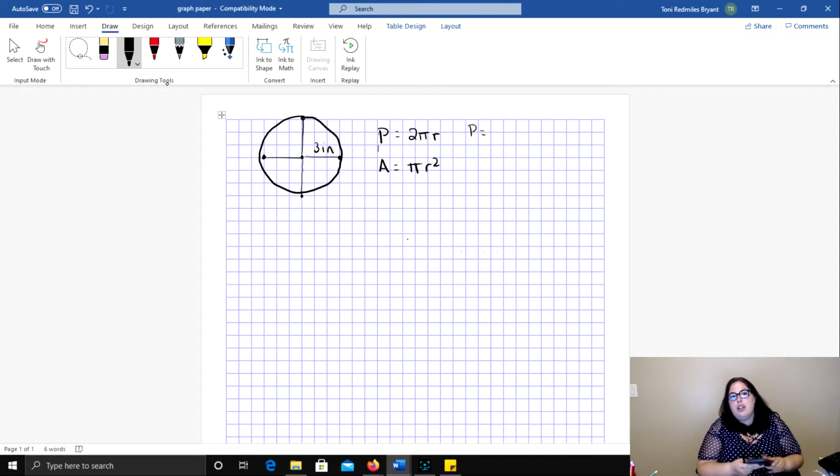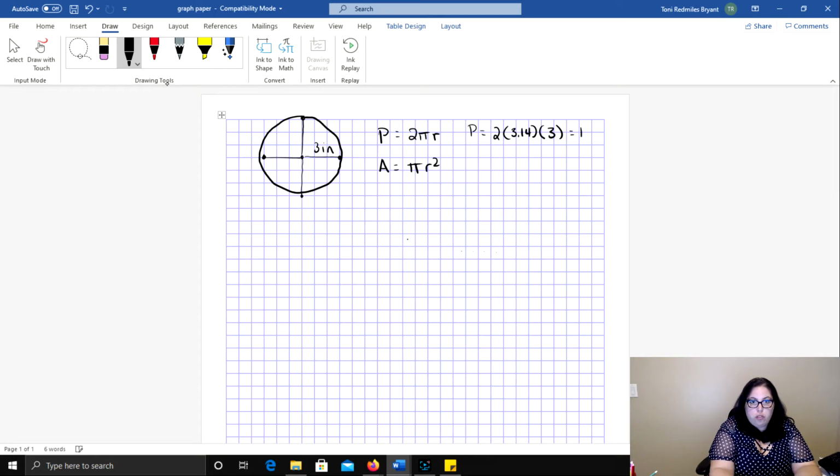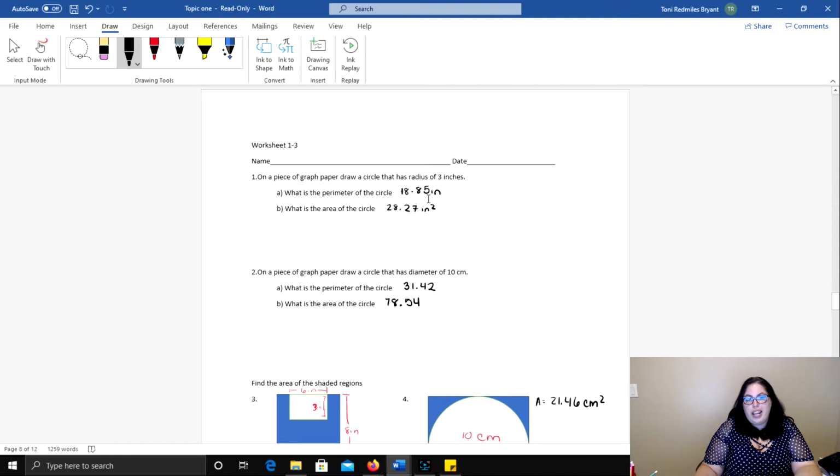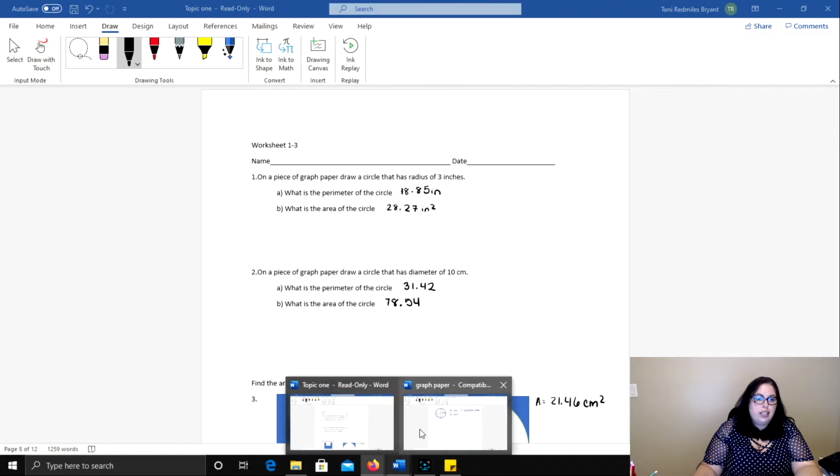This time I'm going to put in 3.14, so you can see the slight difference we sometimes get in our calculations. In this one, it's 18.84. If I bring up the last worksheet, you'll see it's 18.85 at the end. Just a little bit of difference whenever you use 3.14.